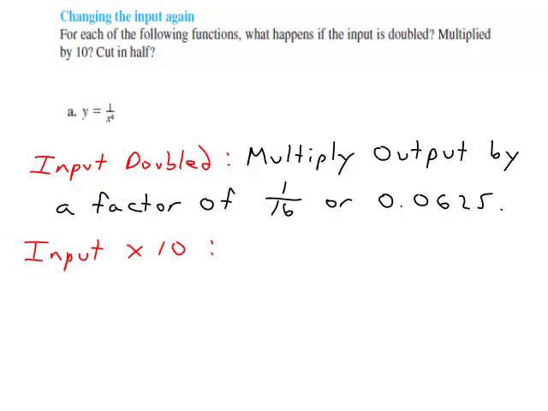If we were to work with the same function and multiply the input by a factor of 10, then we would have an extra factor of 10 placed in for x. So we would end up with an extra factor of 1 over 10 raised to the fourth, which we could rewrite as 1 divided by 10,000, which as a decimal would be 0.0001.